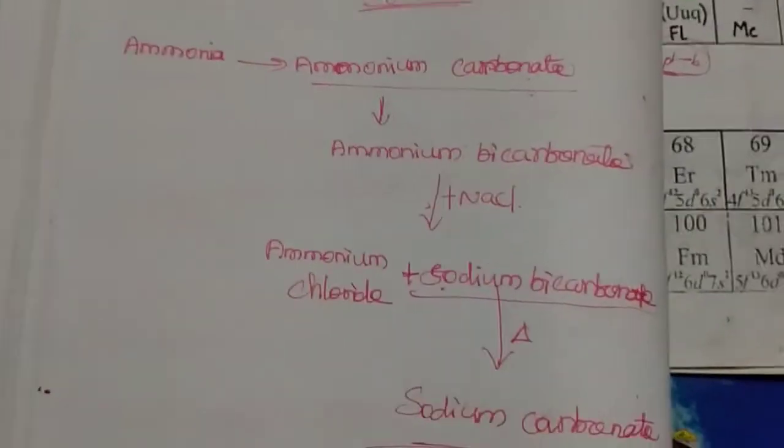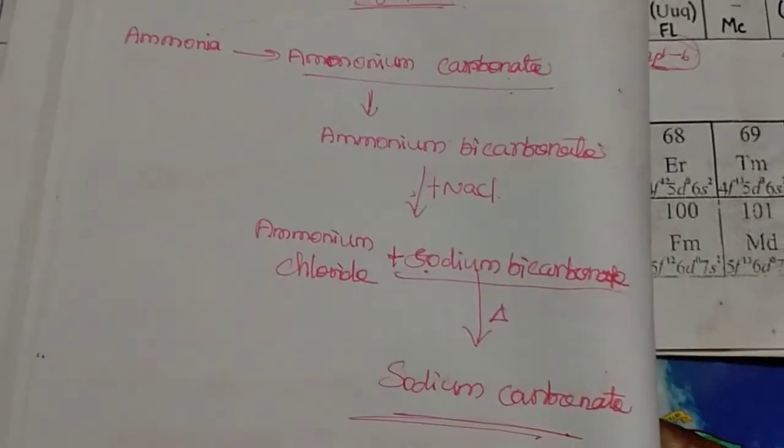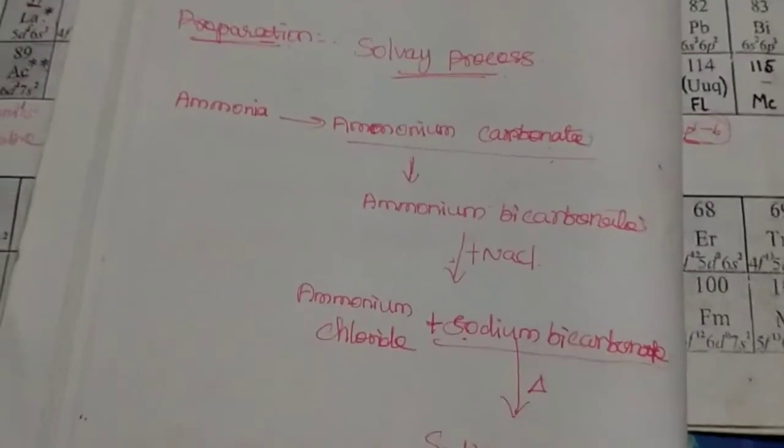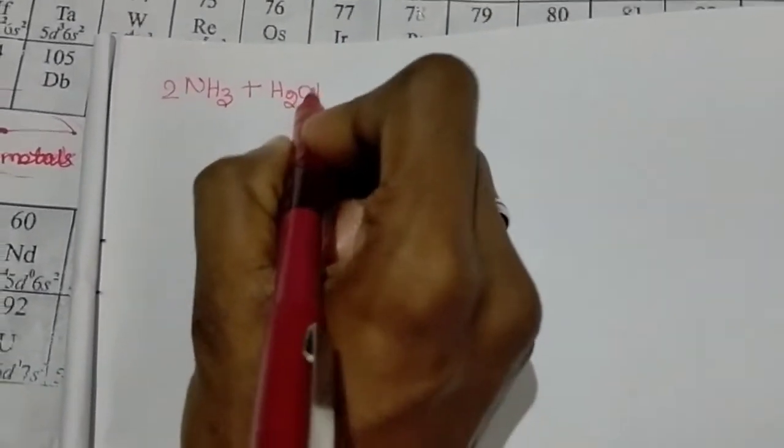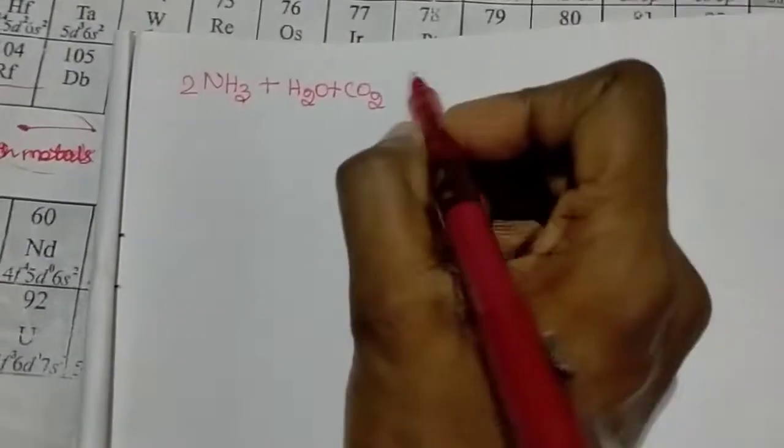Now we'll see these four steps of the Solvay process in equations. 2 moles of ammonia is treated with water and carbon dioxide.